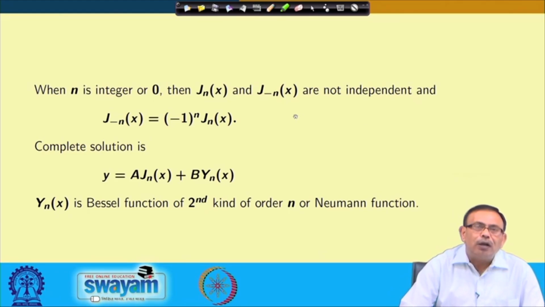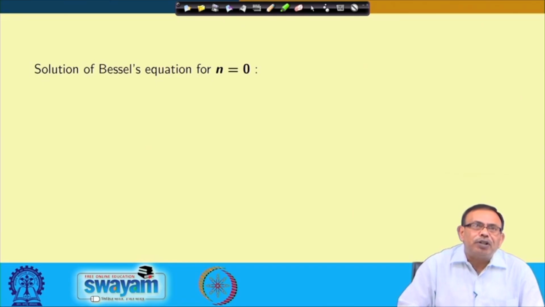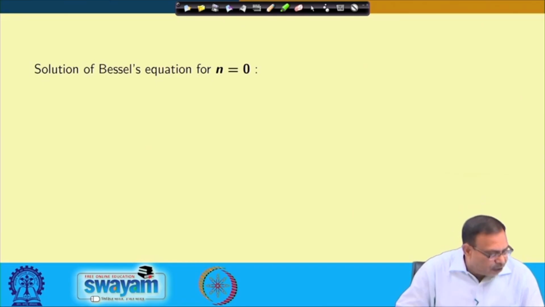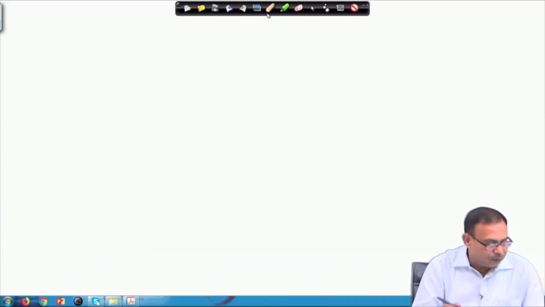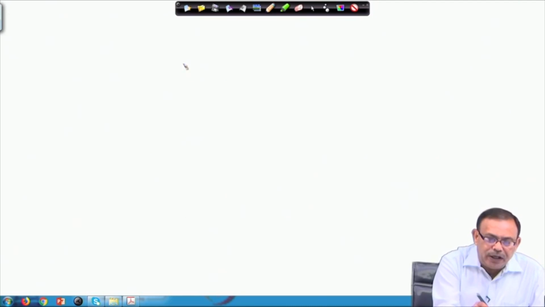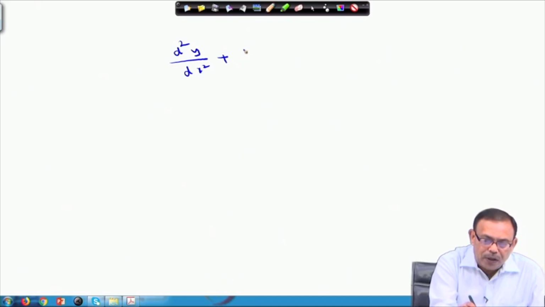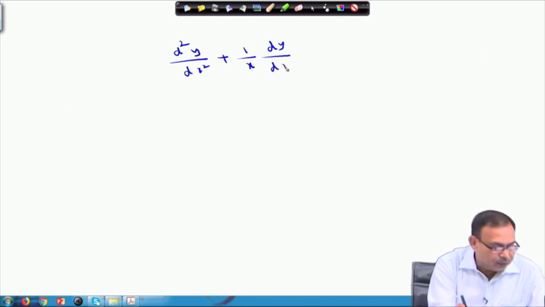Now, the solution of Bessel equation for n equals 0. What happens? Whenever n is 0, the equation is transformed to d2y/dx square plus 1 by x into dy/dx plus y equals 0.